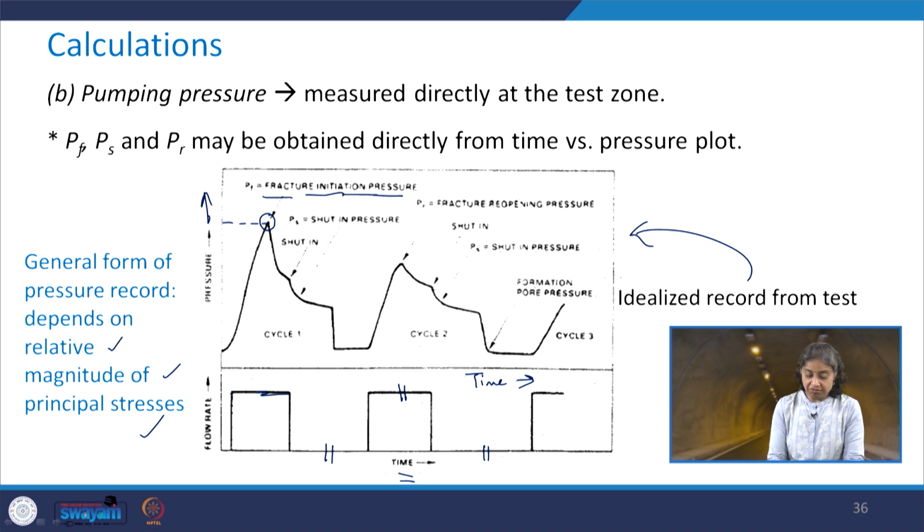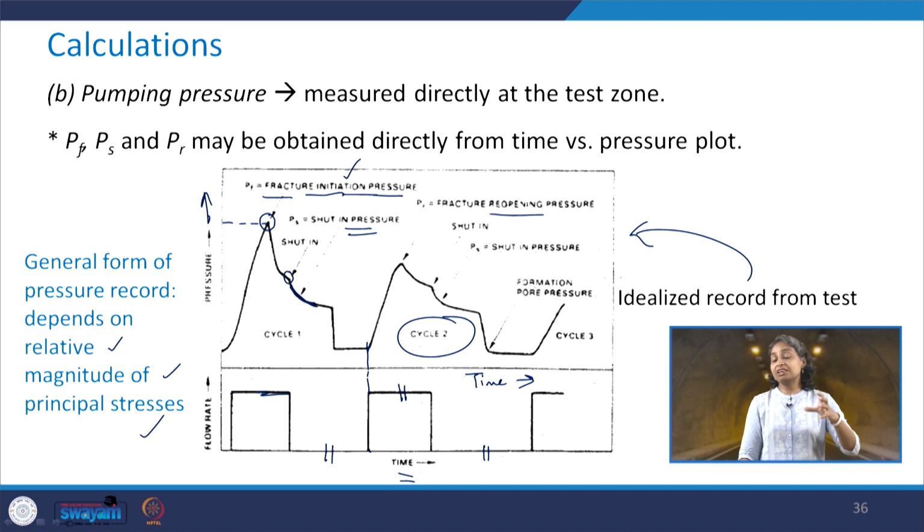Here we have the shut-in, and in this zone we will have the shut-in pressure, which is Ps. Then once we start loading again, from here we will get the next fracture reopening pressure for cycle 2. It will no more be called the fracture initiation pressure, because that is always with respect to the first cycle.